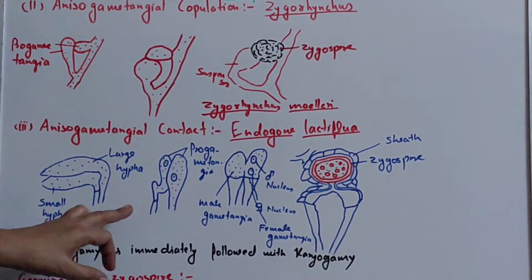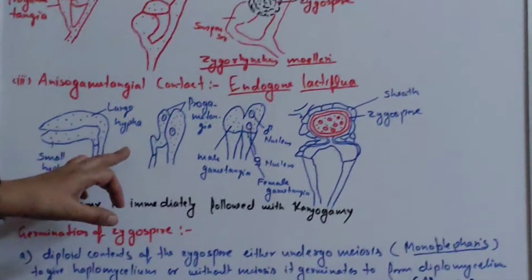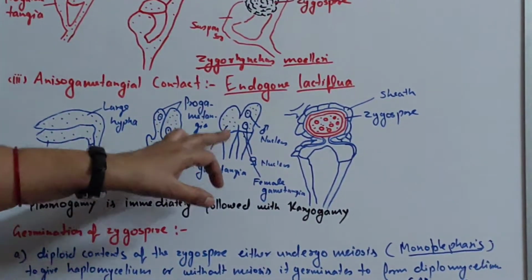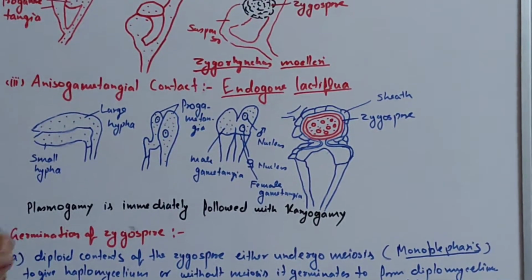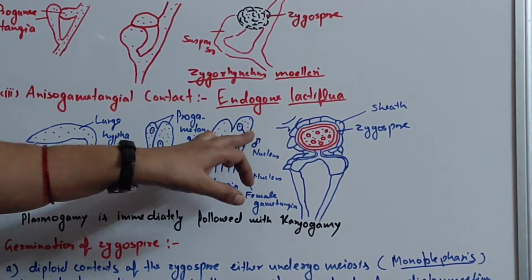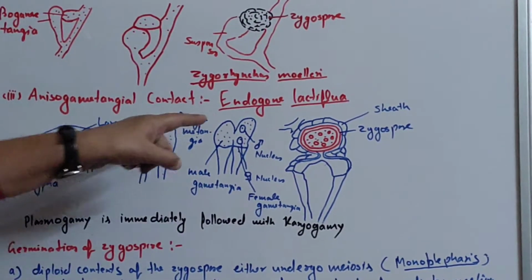In a similar way as in gametangial copulation, the male and female gametangia are formed. At the point of contact, they form a pore, and through this pore, the male gamete gets entry into the female gametangium.